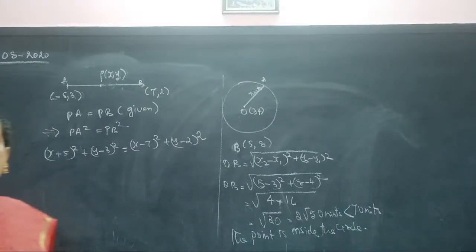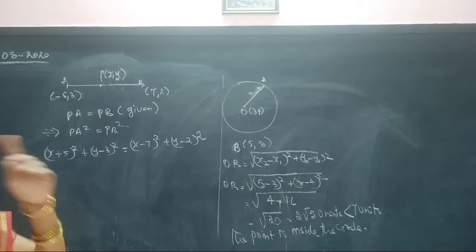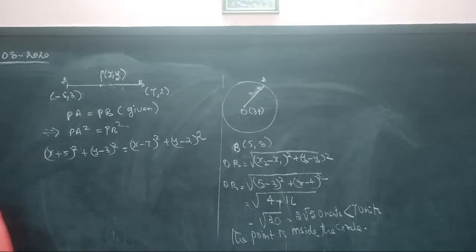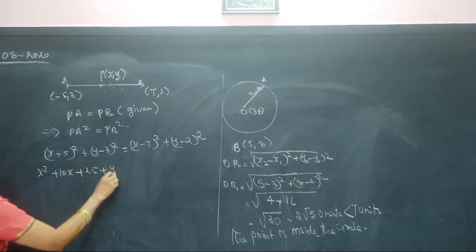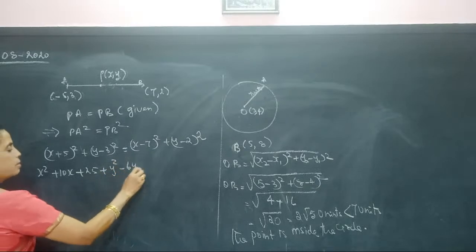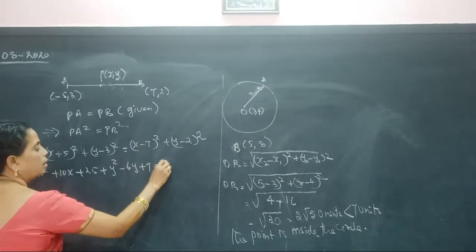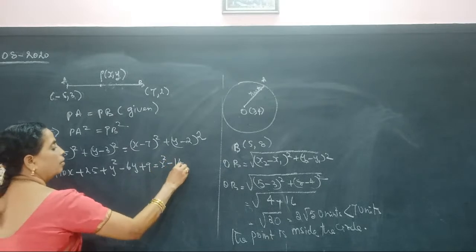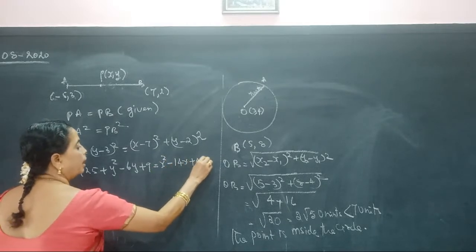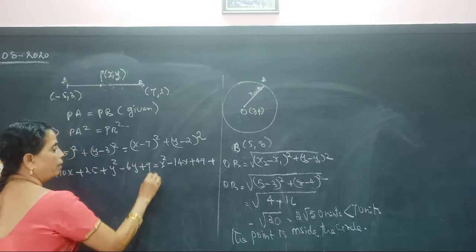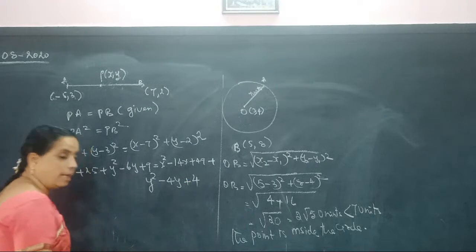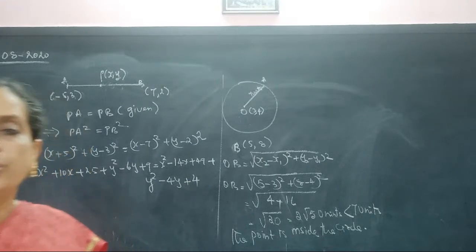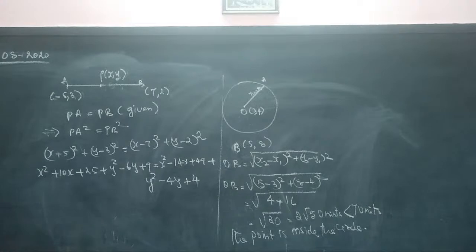Now expand, cancel x square, y square from both sides. What do we get? x square plus 10x plus 25, y square minus 6y plus 9, equals x square minus 14x plus 49 plus y square minus 4y plus 4. While expanding, be careful with the usage of x and y.